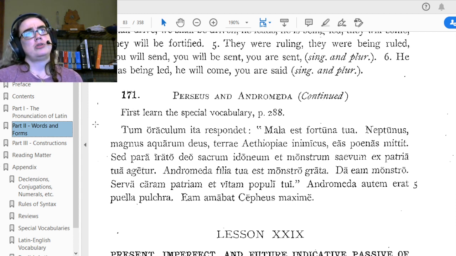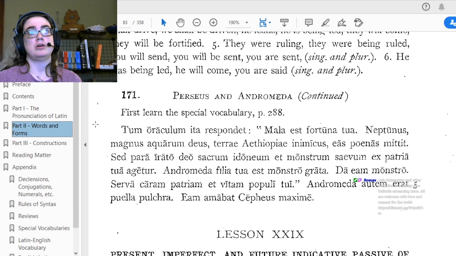Then the oracle thus responds, Your fortune is evil. Neptune, the great god of the waters, hateful to the Ethiopian land, or the land of Ethiopia, yeah, that should probably be right, sends these penalties, punishments, poenas.